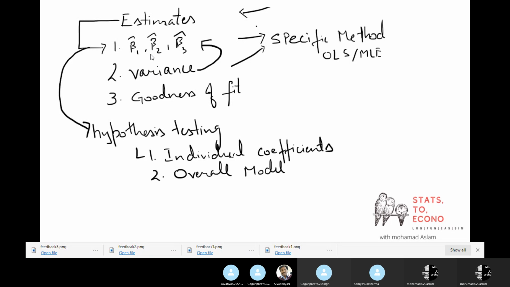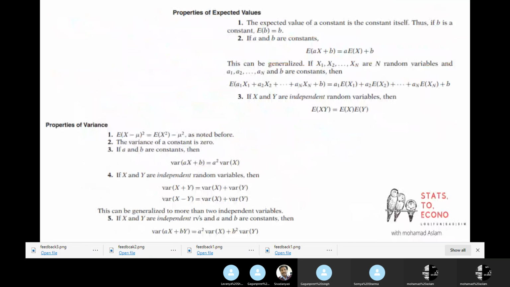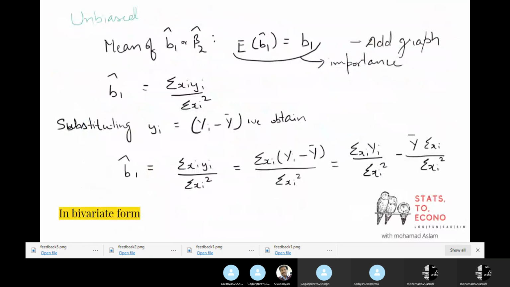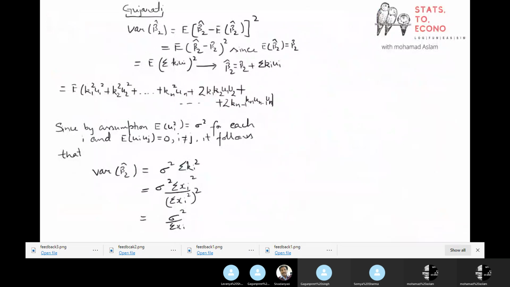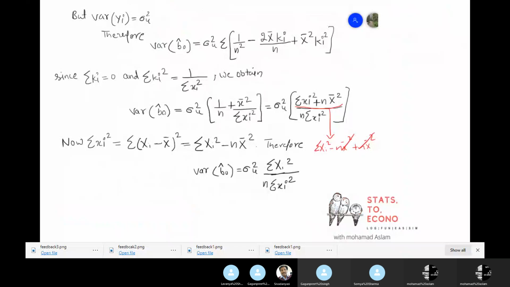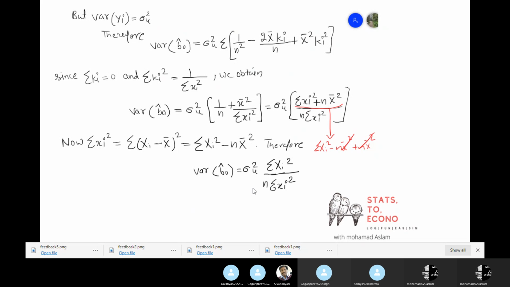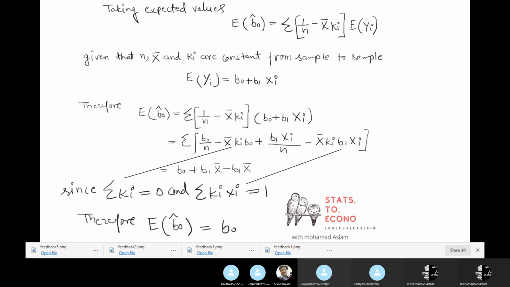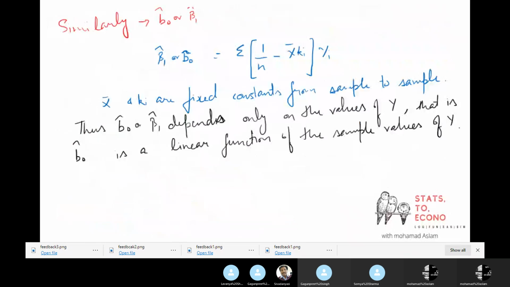So first we did the slope coefficient variance last time, and today we did the intercept coefficient variance. So now we remain with the third property, minimum variance.